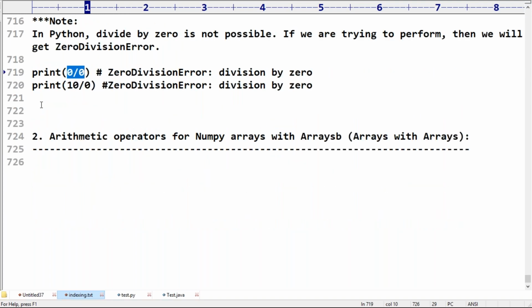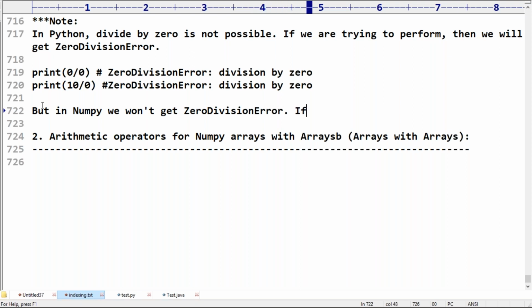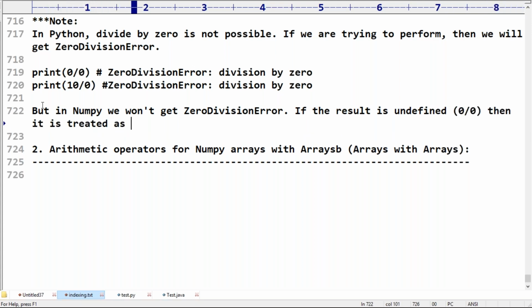But in NumPy, we won't get a ZeroDivisionError. If the result is undefined, meaning 0 by 0, then it is treated as NaN. What is the meaning of NaN? Not a number, an undefined result.